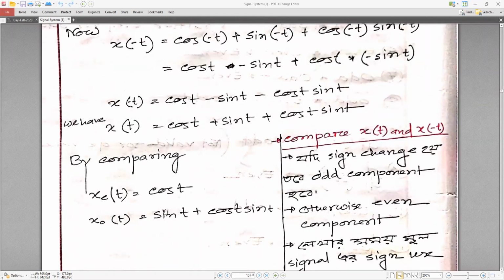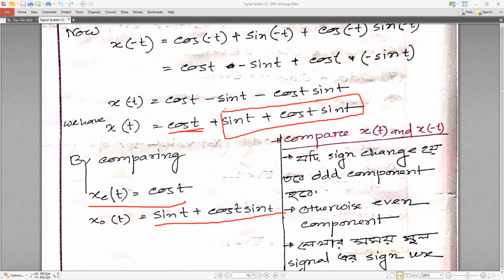If I compare it, just look at the main signal x(t): the cos t is the even part, and sin t plus cos t sin t is the odd signal because of the sign change, and that is the even signal because it is as it is.